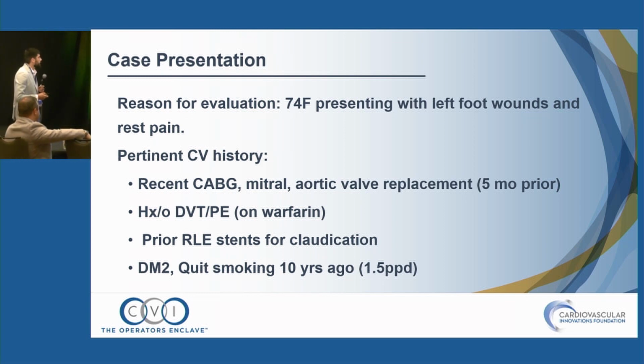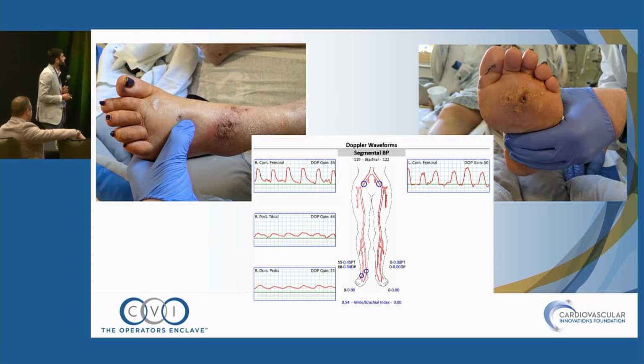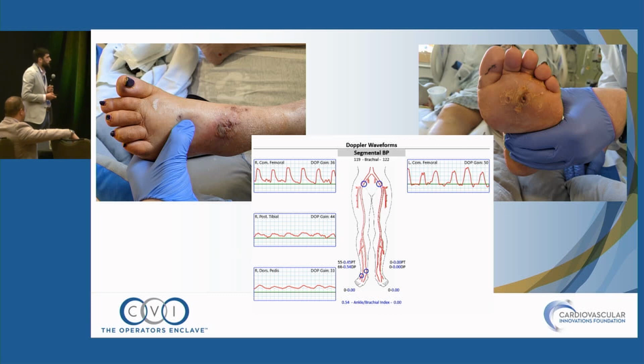She had a significant cardiovascular history, CAD and valvular disease with recent repair, history of DVT and PE, and prior stents for claudication, as well as a smoking history and diabetes. Looking at her foot, she had a couple of ulcers distally on the foot, and then some more superficial abrasions, ulcerations beginning even at the ankle, with no perfusion detected in the foot.